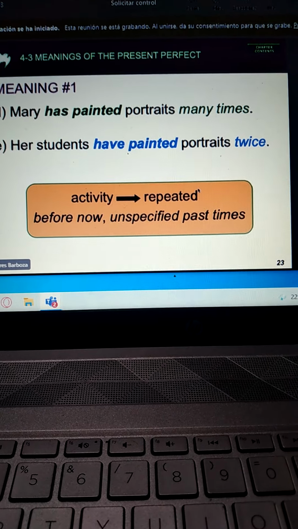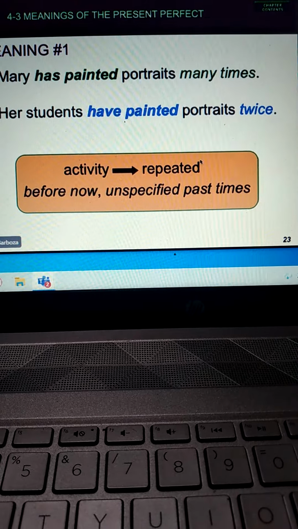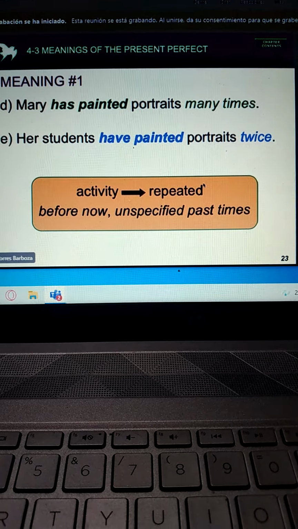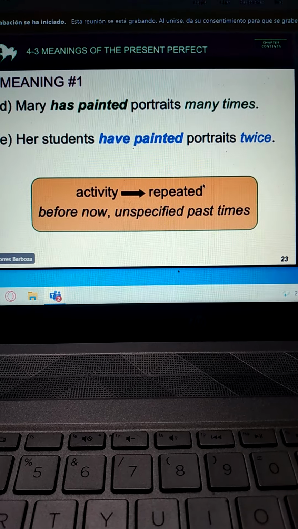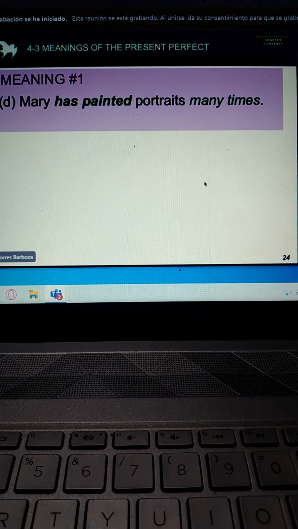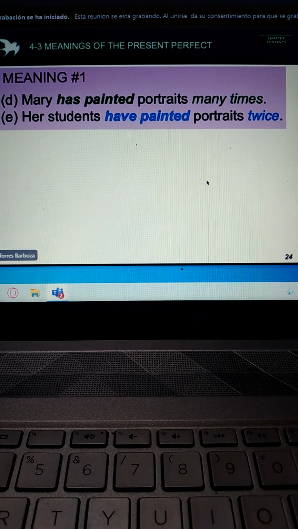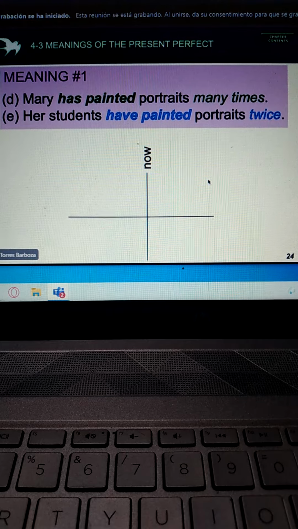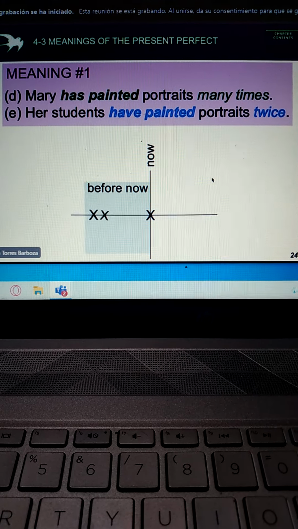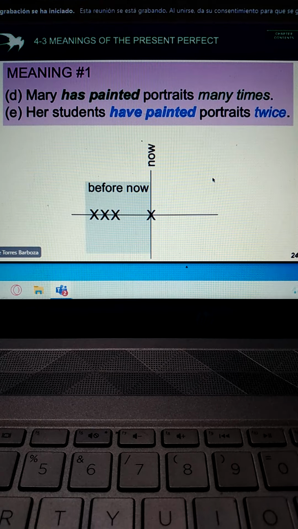Activity repeated before now at unspecified past times. Repeated actions. Look at the graphic again. Before now, many times. You see?